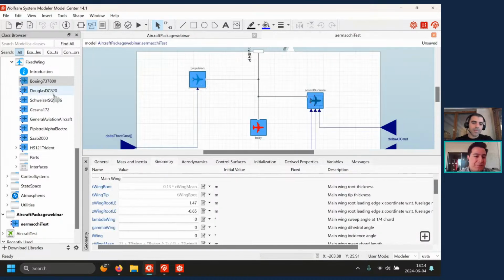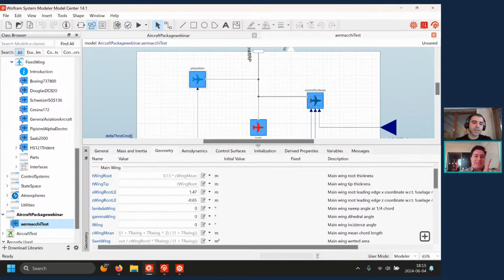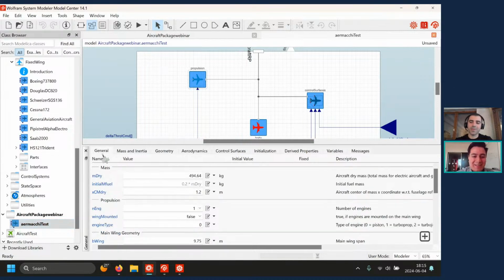The same is for the DCA, the Pipistrel Alpha Electro. We have electric airplanes. But right now, what we're going to do is drag and drop, as we did the general aviation aircraft, and modify these parameters. So instead of being a general aviation aircraft, it becomes the Aermacchi MB339. Okay, now I see. Yeah, thanks, Eric.